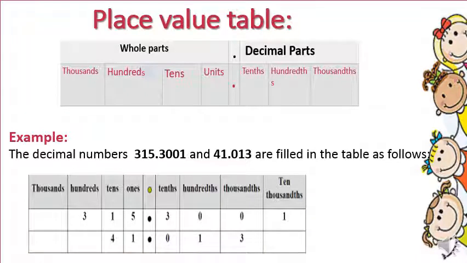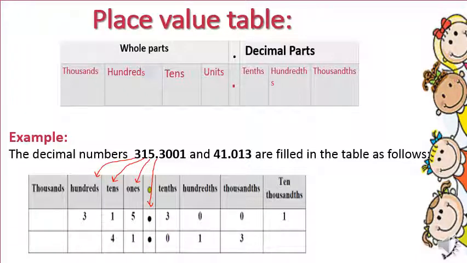Let's learn how to write a decimal number in a place value table. First step, we write the decimal point. Then we place each digit in its correct place. Starting with the whole number, 5 is in the ones place, 1 is in the tens place, and 3 is in the hundreds place.